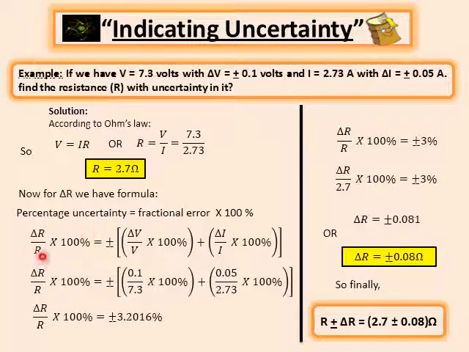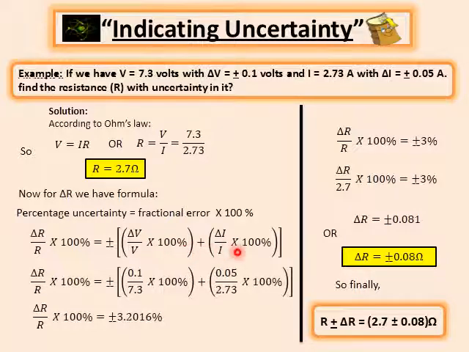The first value, ΔR/R × 100%, is the percentage uncertainty in resistance, which is equal to the percentage uncertainty in voltage plus the percentage uncertainty in current.